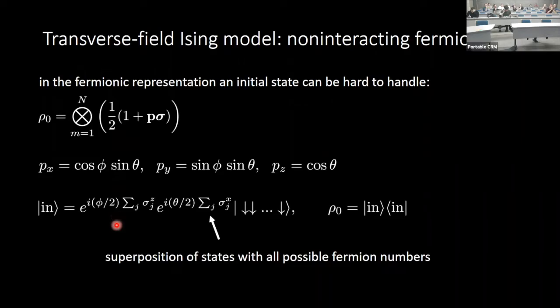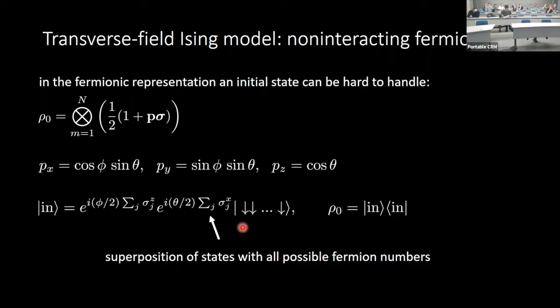In the fermionic representation, it looks something like this. You take the fermionic vacuum, which is say all spins down, and you act on it by two exponentials, and what you get is a superposition of states with all possible fermion numbers.